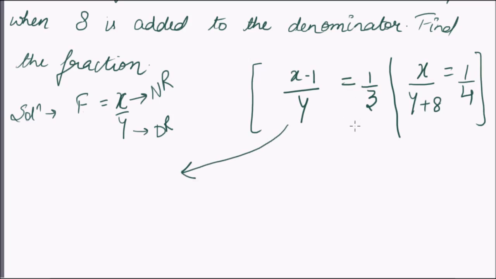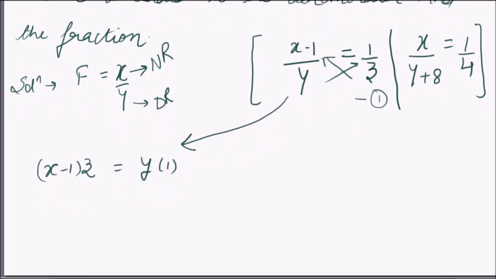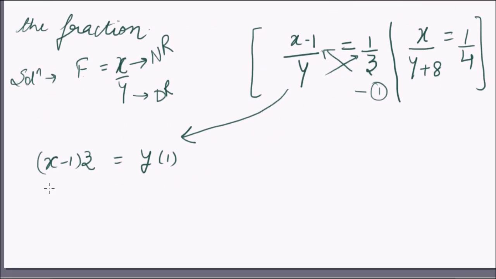cross multiply this equation, we get x minus 1 into 3 equals y into 1, or 3x minus 3 equals y. That is 3x minus y equals 3 is the new first equation.